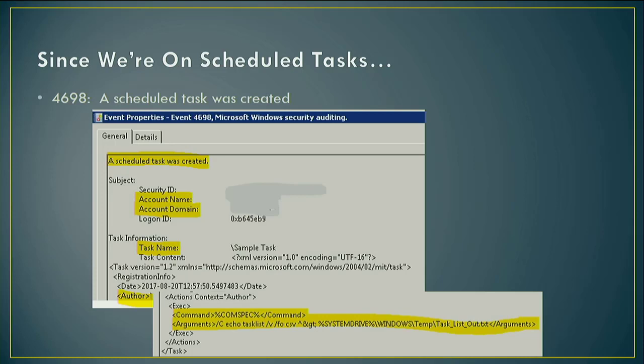That was the most novel kind of persistence mechanism that I'd seen, but these guys were also using scheduled tasks. So it's a great way to maintain persistence, and when you want to know when that scheduled task has been created, you've got your 4698 event in the security log. And these are all security events in the security log so far, with the exception of that PowerShell.